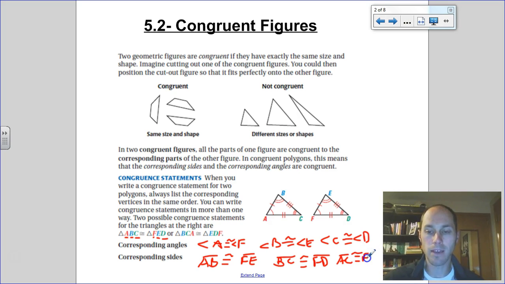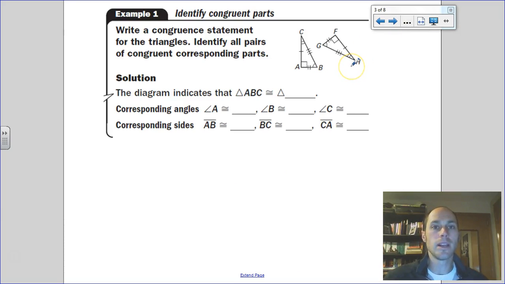And once again, if I have the diagram and it can match up the sides, I can look at it. Otherwise, if I just have the congruent statement, I know that BC, the first two letters, match up with ED. And I can just look at any of the order there. And that's the importance of writing congruent statements in that manner.